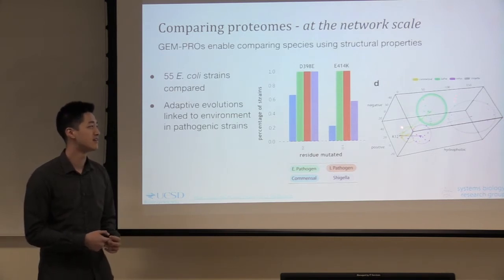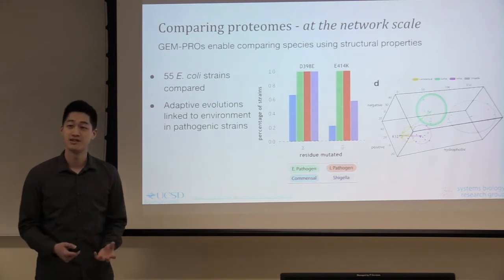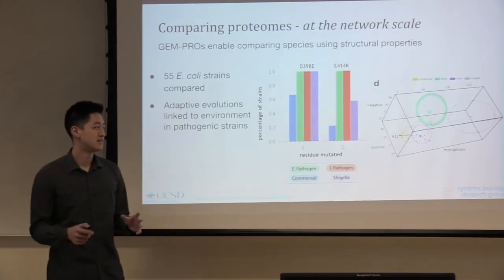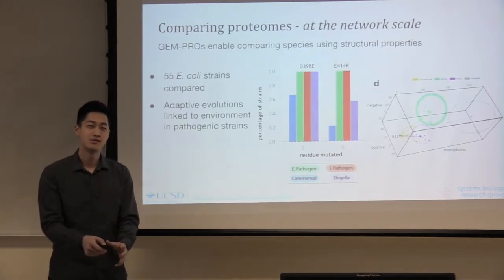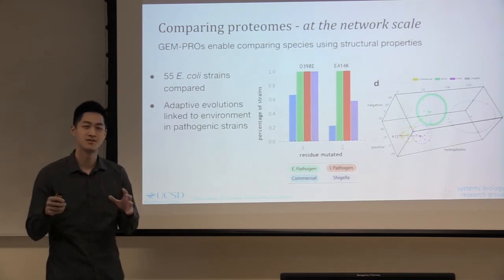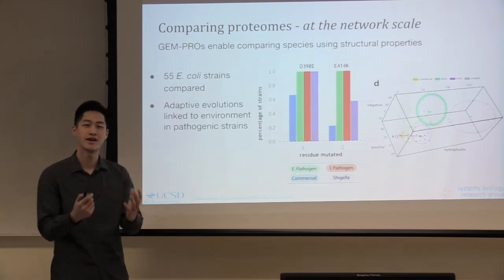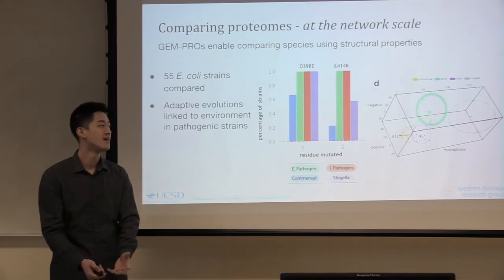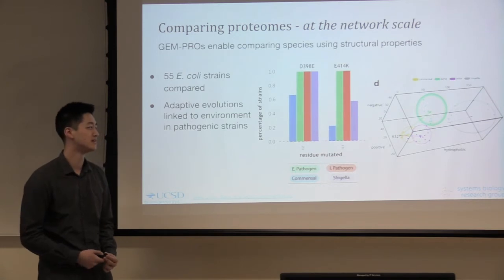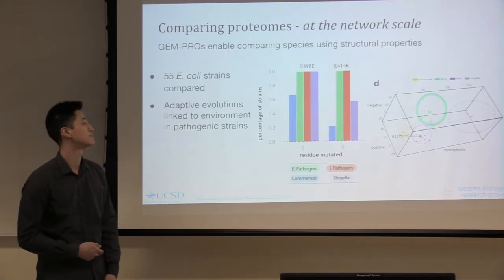And that allowed us to easily classify these strains of E. coli based on their virulence properties. And with the structures, that also allows you to dive deep into what these properties may be influencing in terms of the structure itself. So that allows you to look at specific mutations that may be causal for different virulence properties and start investigating those kinds of things.